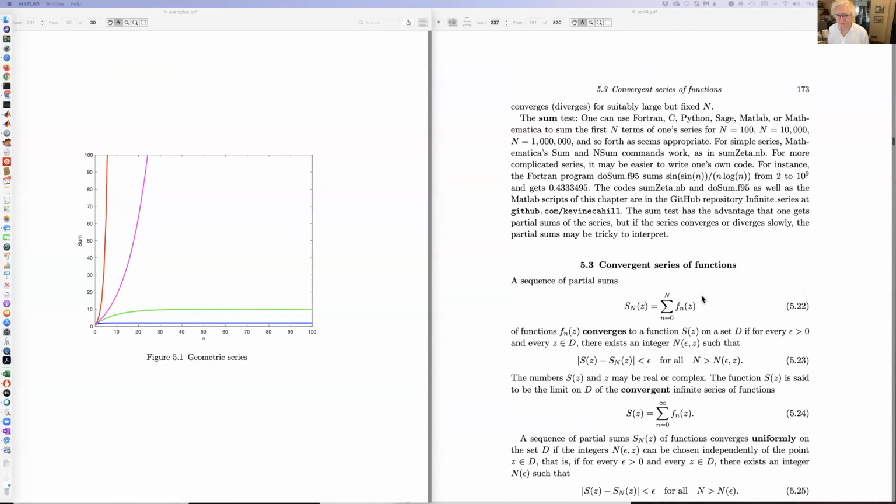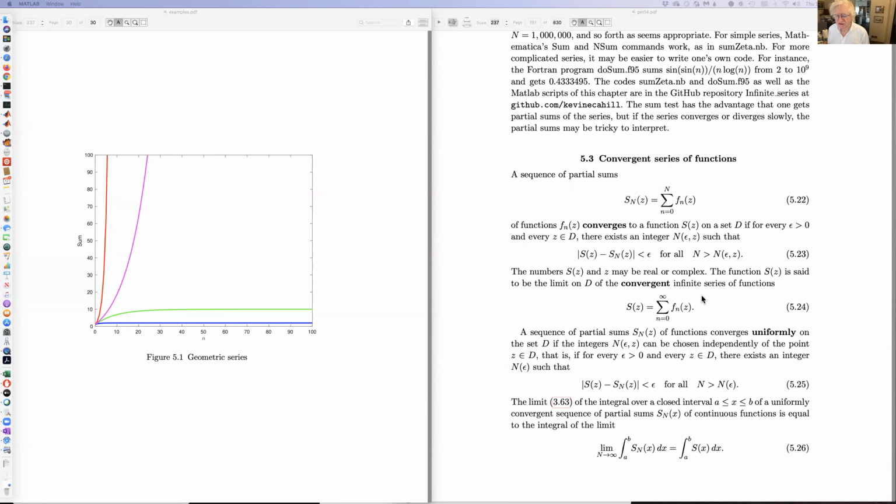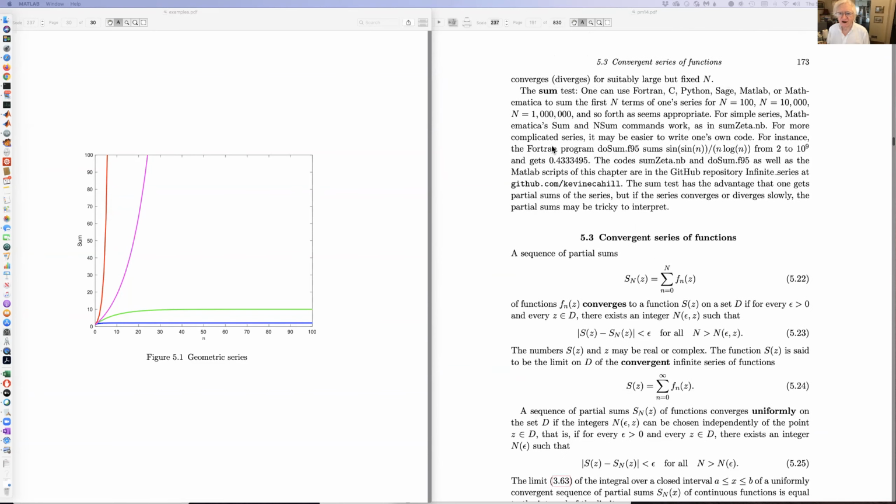That gives you a strong hint as to whether the thing converges. It's not a proof.